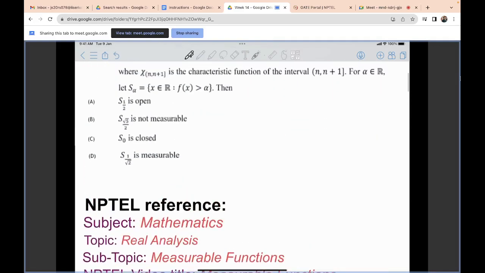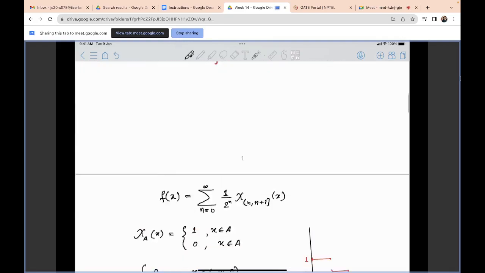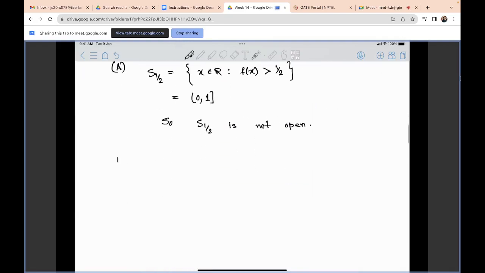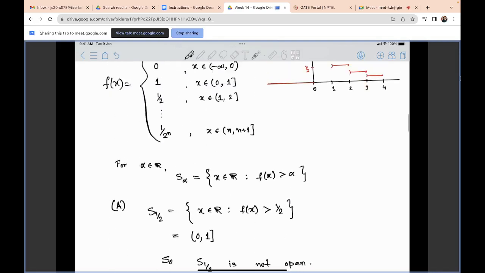Option B: you have to find whether S root 5 by 2 is not measurable. S root 5 by 2 is all such x such that f(x) is bigger than root 5 by 2. Note that root 4 by 2 is 1, so root 5 by 2 is strictly bigger than 1.